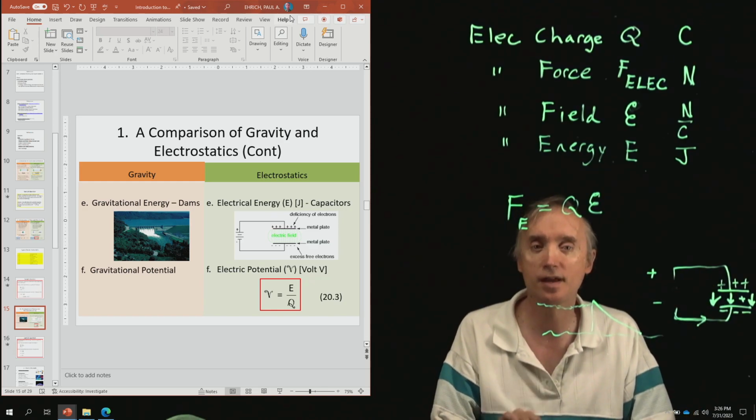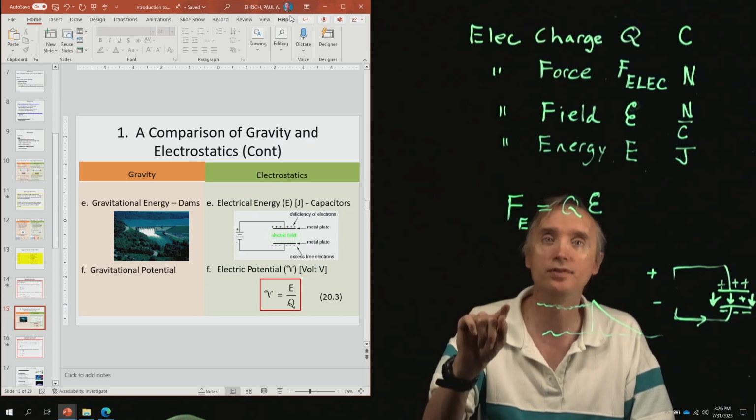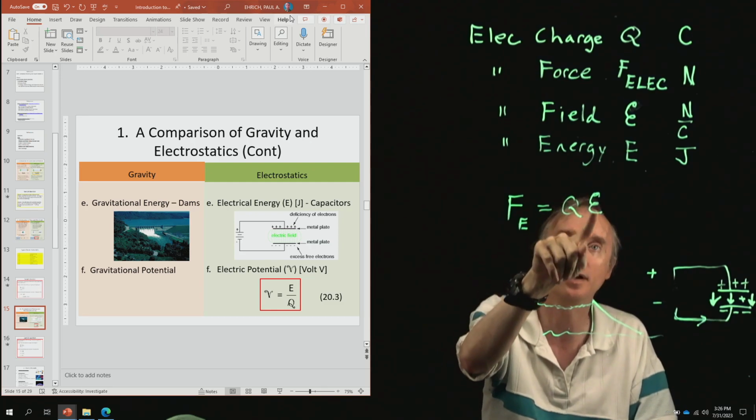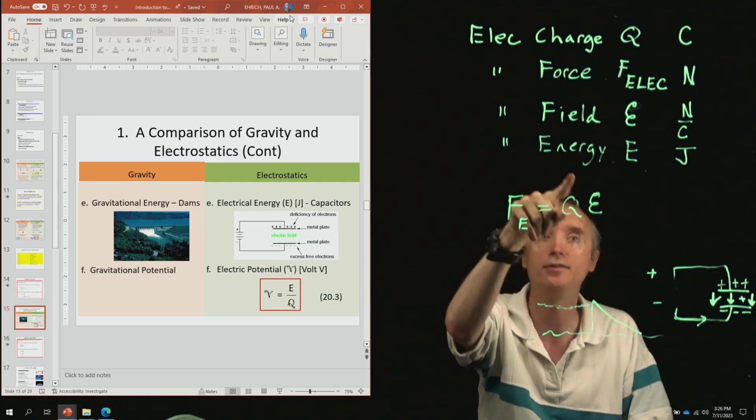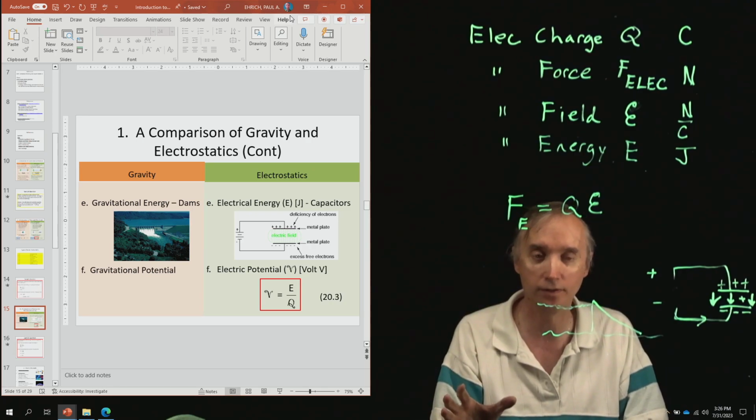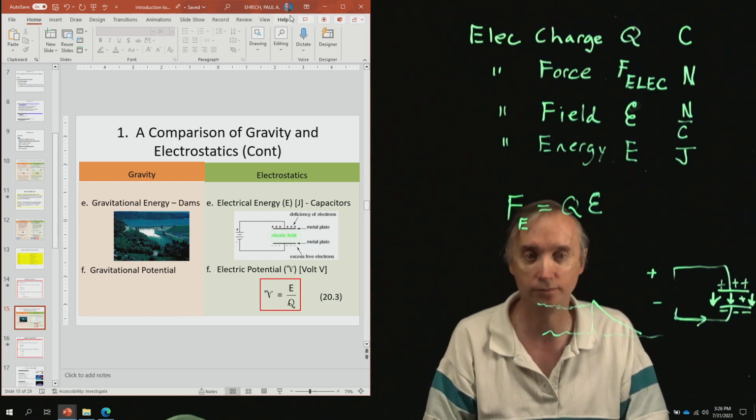Okay, now in the same way that you could take a charge Q and put it into an electrical field, and you would feel an electrical force, there is another formula that goes with energy.